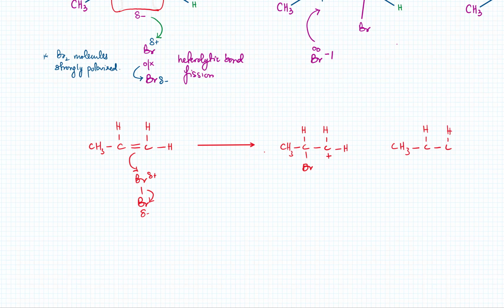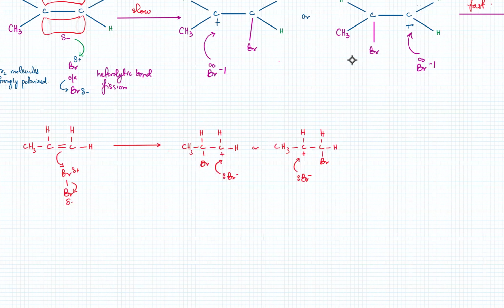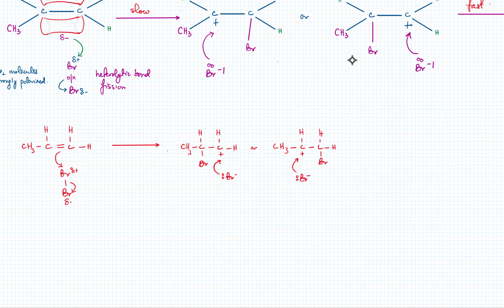The Br bonds to the carbon on the right. And this is your carbocation. And next step, the Br minus joins in. And you're eventually going to get the product, which is CH3.